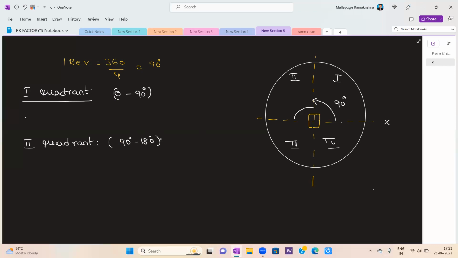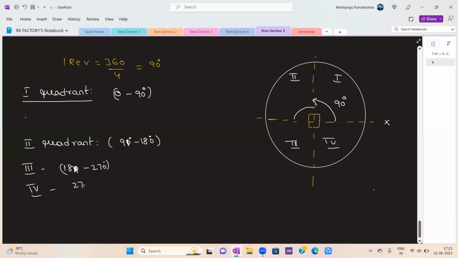The third quadrant is 180 to 270. The fourth quadrant is 270 to 360 degrees.